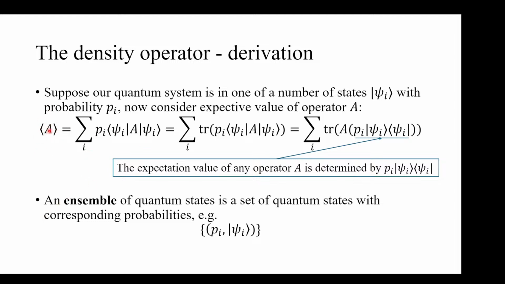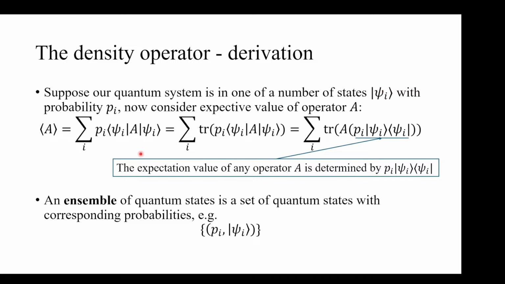Expectation value is linear in probability. Each psi i has expectation value psi i A psi i, where you sandwich A between psi i. Then you average over different i according to your probability. This makes a lot of sense. Each part has its own expectation value and its probability, so you just do the averaging: the summation over i of p i times the expectation value of A in each psi i.